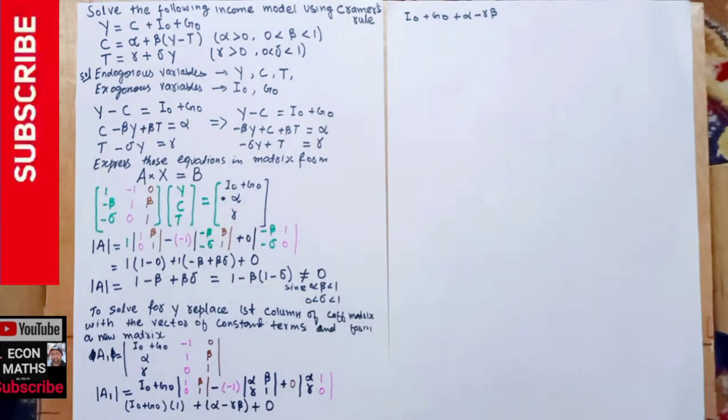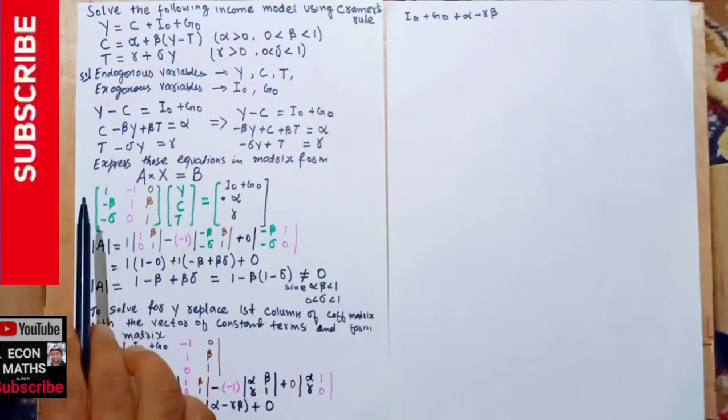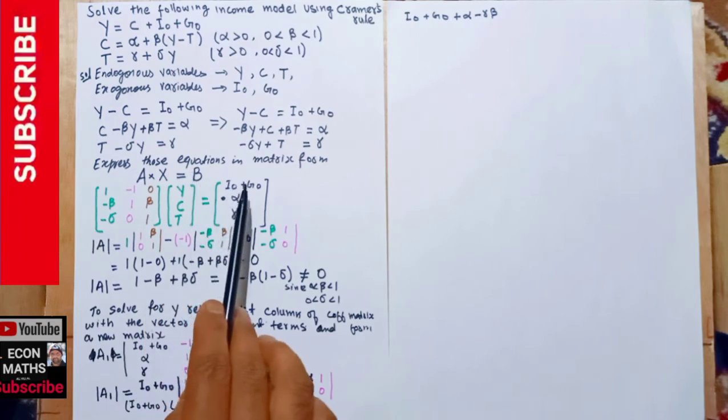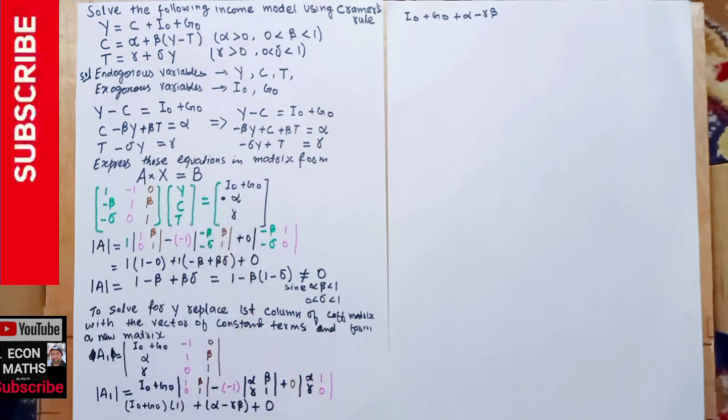So this is the determinant of the new matrix which we have formed by replacing the first column of the coefficient matrix with the column of the exogenous variables or the vector of constant terms.